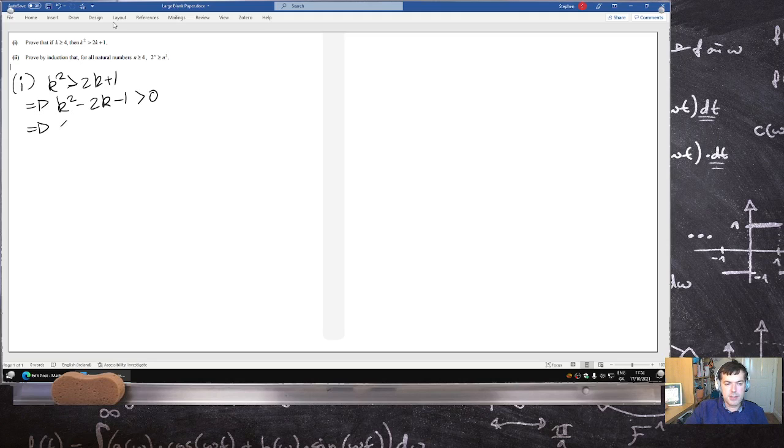That means we need to show that k minus 1 squared minus 2, isn't it, is more than 0. And that means that we need to show that k minus 1 squared is more than 2.